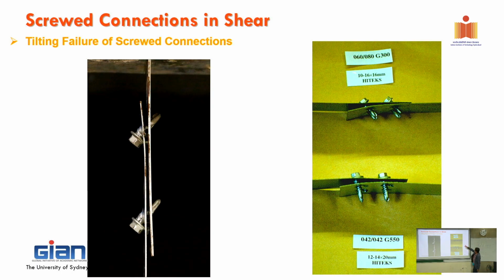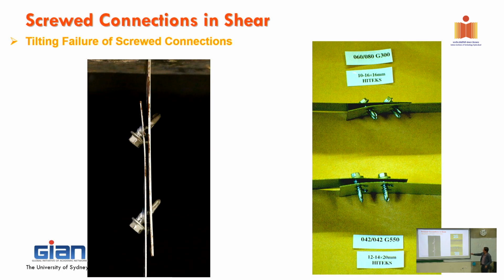So this is tilting when we tested it in our lab. And this is part of the tests that Professor Colin Rogers did in his PhD at Sydney Uni a long time ago. Professor Colin Rogers is a full professor at McGill University. Have you heard about him? In Montreal, Canada. He's one of the experts in cold formed and hot rolled steel, and he's Canadian.